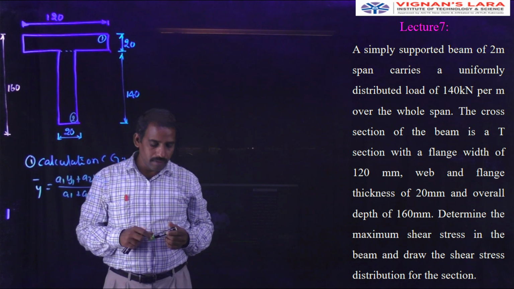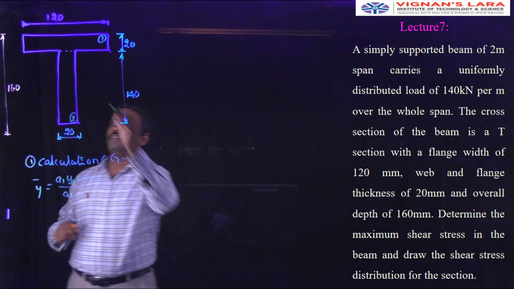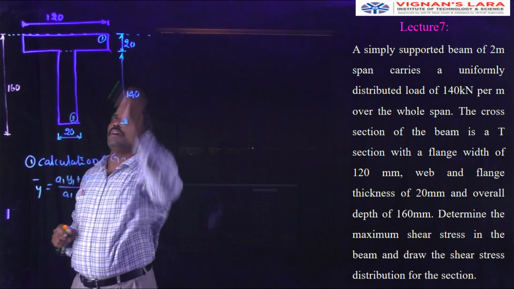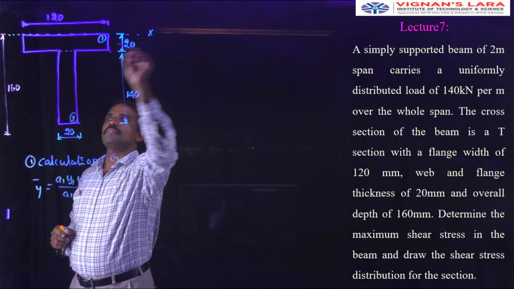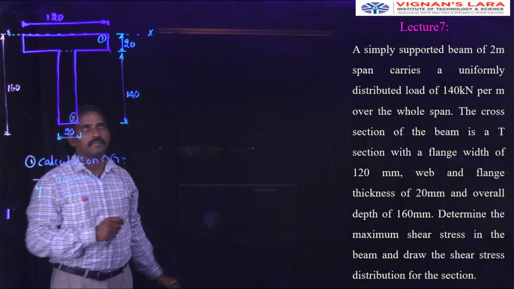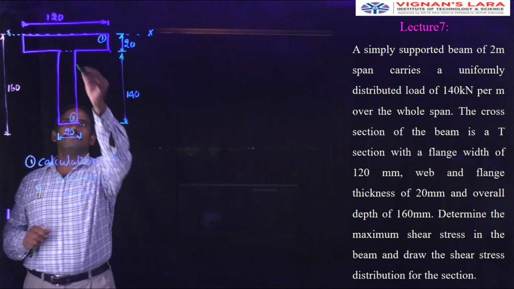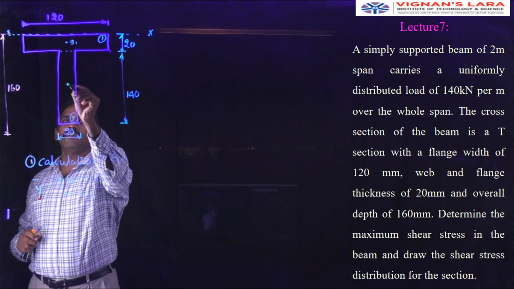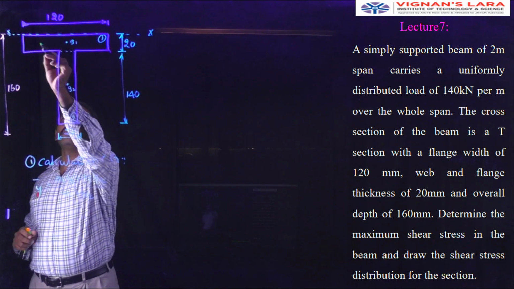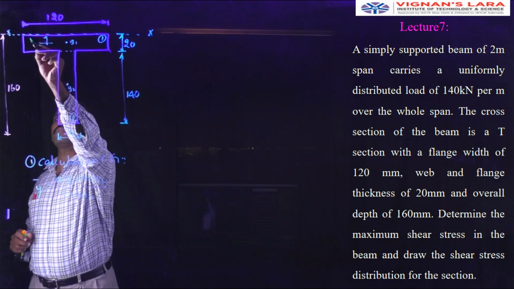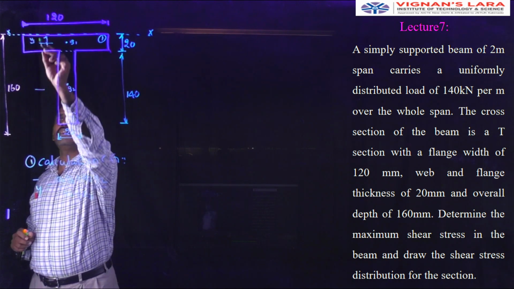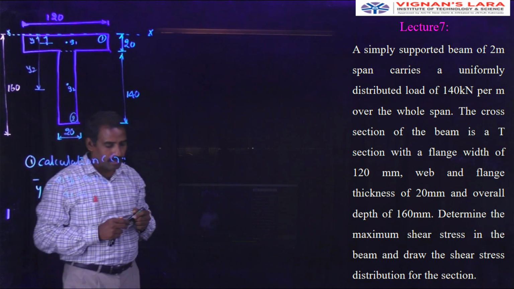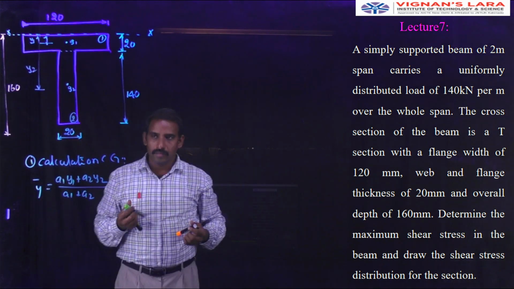I would like to measure the centroid with respect to the top of the flange, say this is XX. This is element 1 with centroid G1, and this is element 2 with centroid G2. This becomes Y1, and this is Y2.